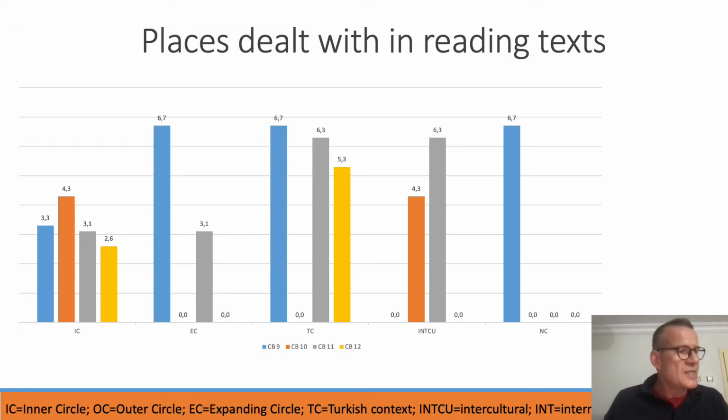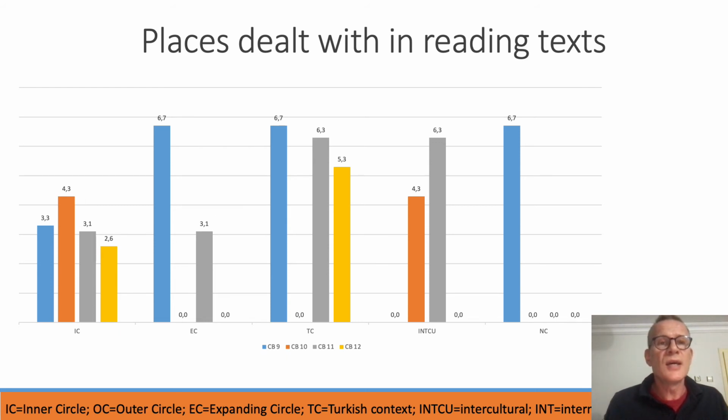So let's have a look at the places dealt with in the reading text. Again, we can see that in all course books, the inner circle is represented, while the expanding circle is not represented in the course books for the 10th and 12th grades. And interestingly, the Turkish context is not shown in the course book for the 10th grade.